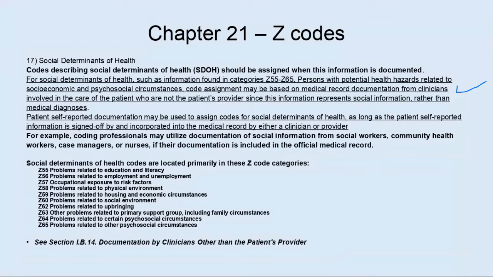And here is a list of the social determinants Z codes. Education and literacy codes have been expanded for 2022, and housing, Z59, has also been expanded for 2022.